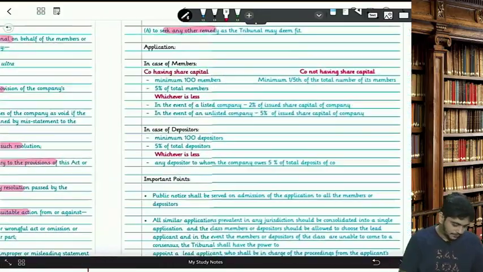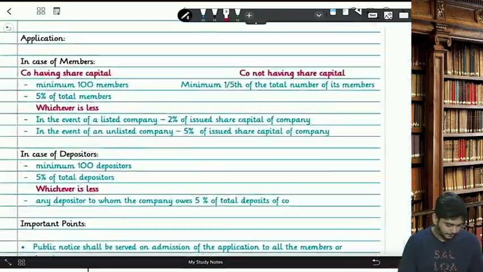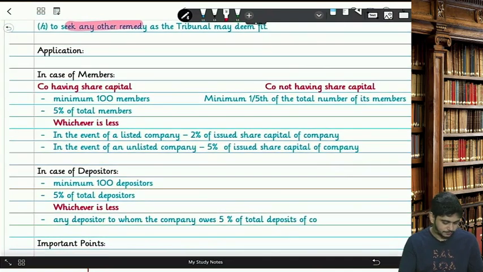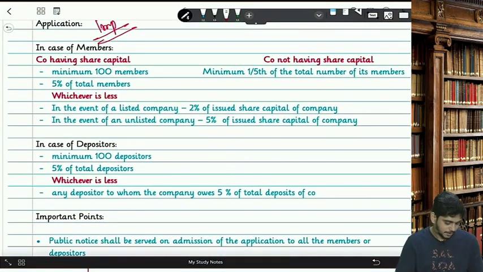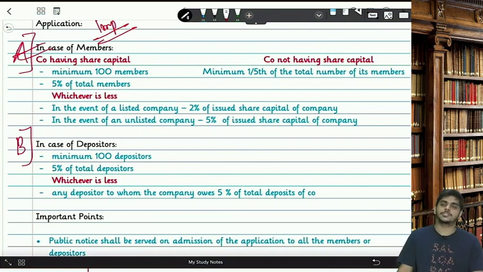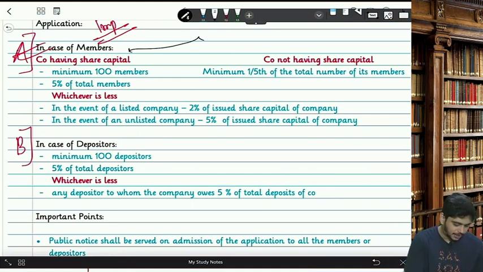Understood? Now, application. This is amended. Guys, this is amended, okay? This is important. Let's see. In case of members, the first category, I would say this is A. Depositors would be B. In case of members: company having share capital, company not having share capital, matlab guarantee company.